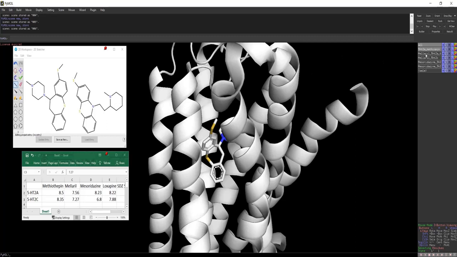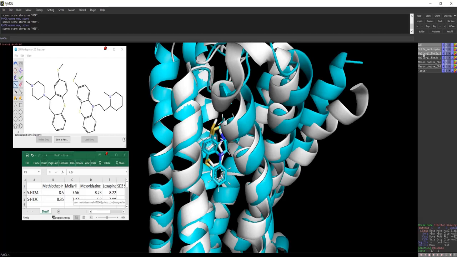So if we first look at melloryl, which we can see here is structurally similar to methiothepine, and like methiothepine, is not selective for 2A or 2C.